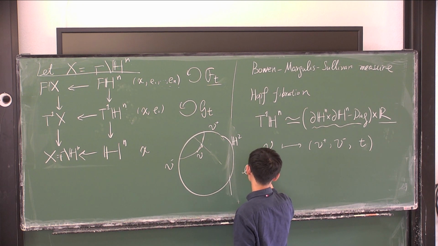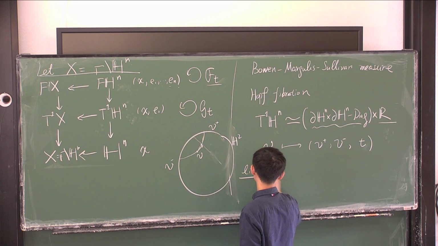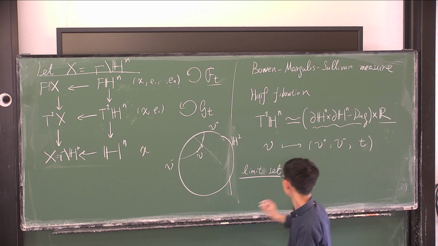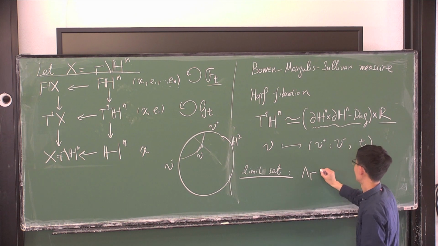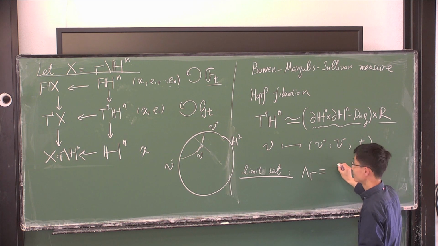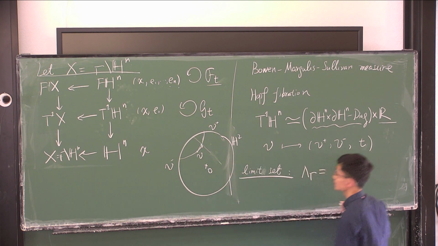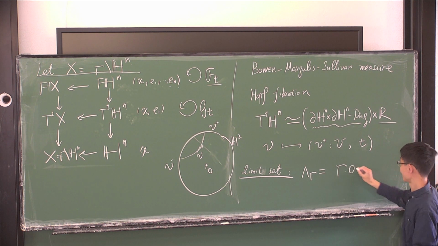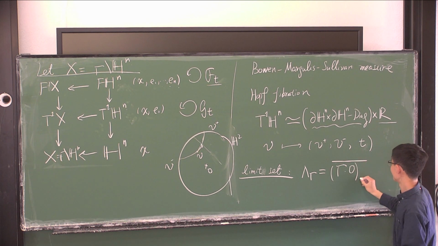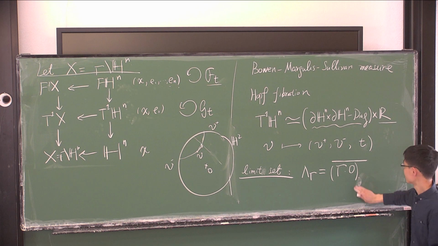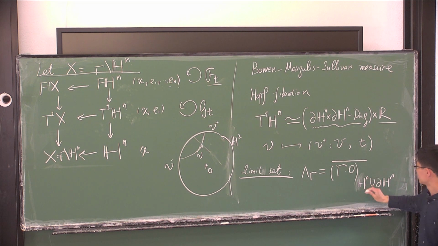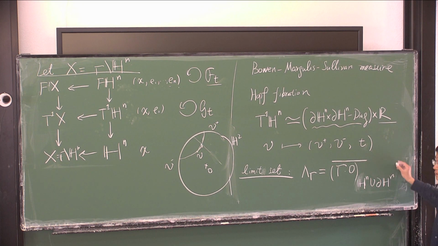We also need to introduce the limit set. You take some point inside the manifold, look at its orbit, and look at the closure inside the compactified space. You add the boundary of Hn, compactify it, look at it as a ball, and then take the intersection with the boundary.